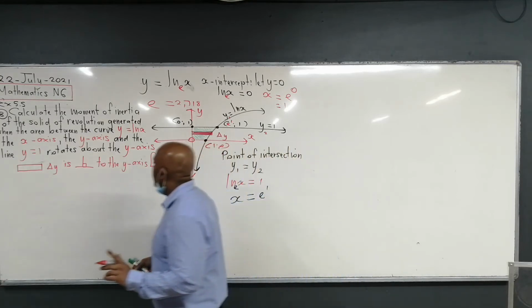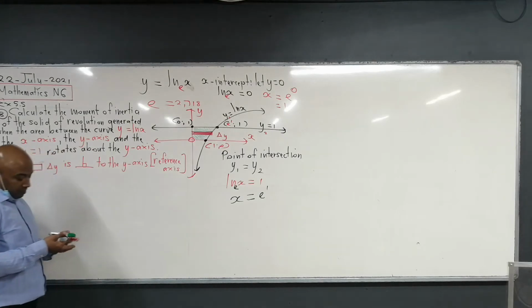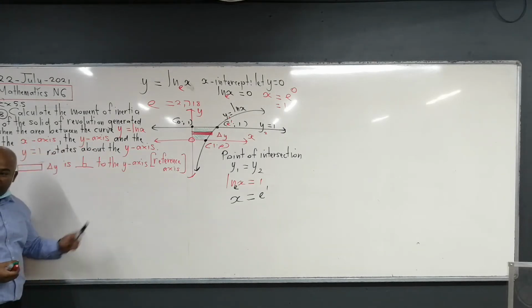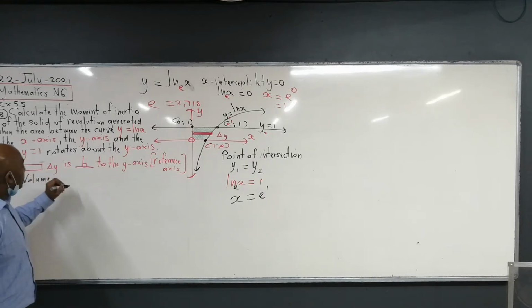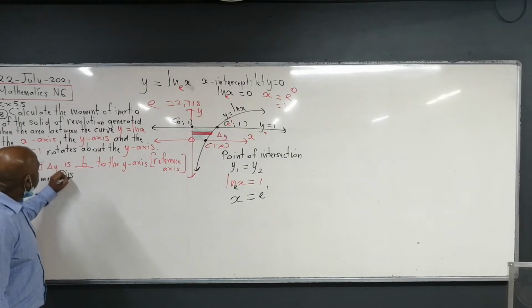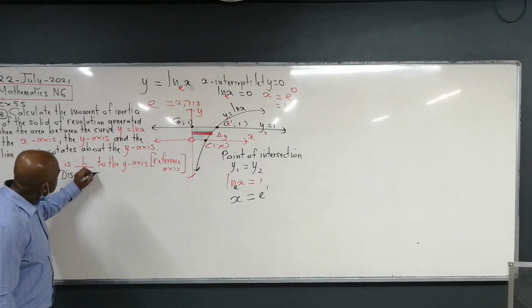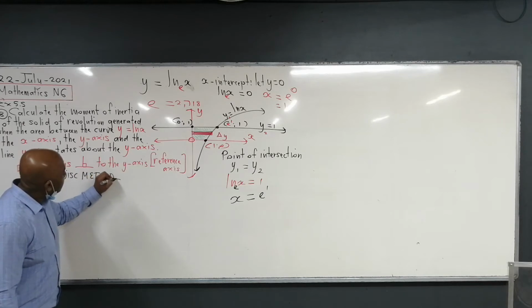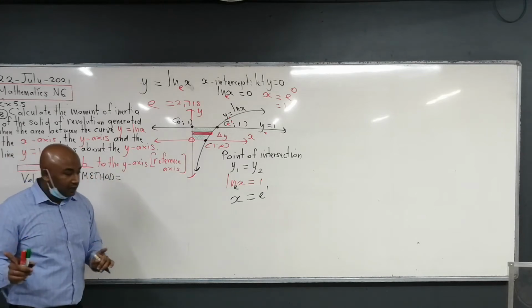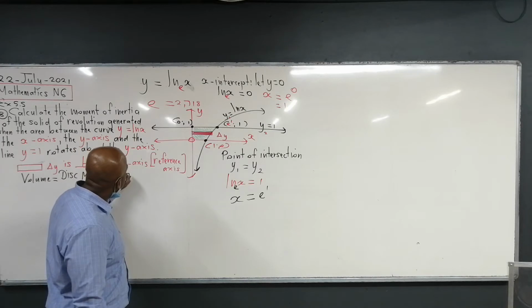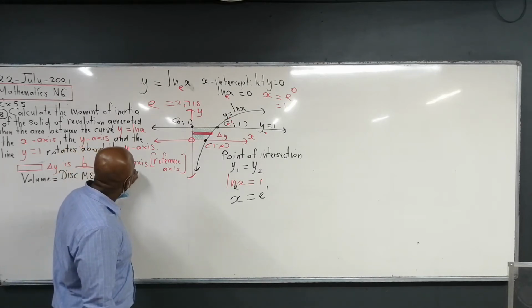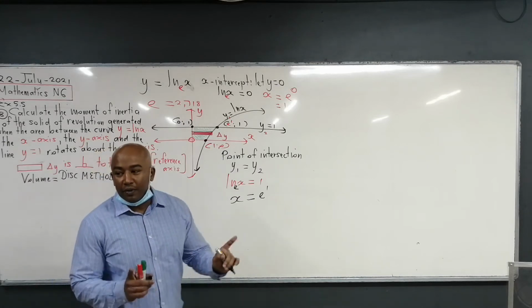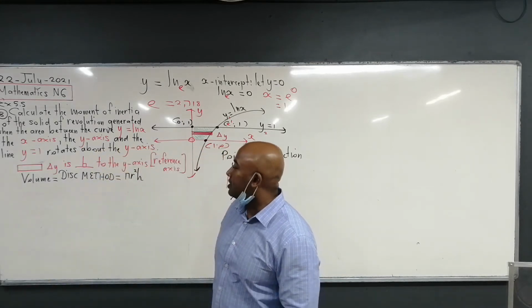Now what does this mean? If it is perpendicular to the reference axis, that means when we work out volume, we will be using the disk method. The disk method is area of base times perpendicular height. The formula is pi r squared h. When we work out volume, that's what we're going to be using.